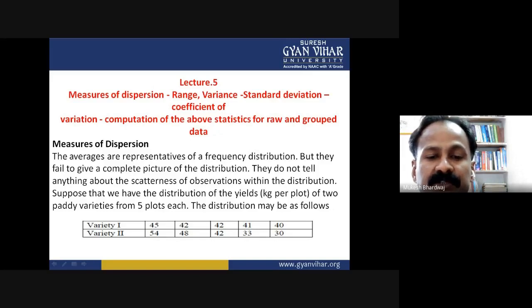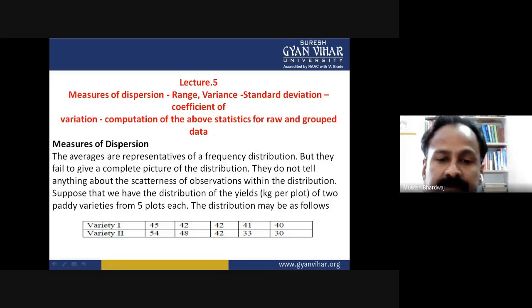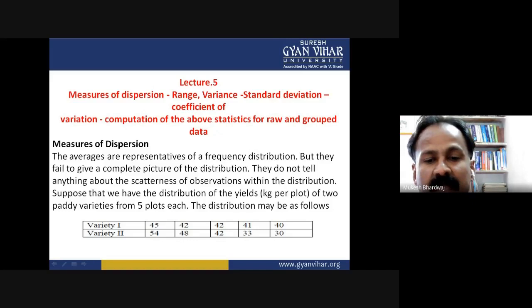Examples of dispersion measures include standard deviation, interquartile range, mean absolute difference, also known as Gini mean absolute difference, median absolute deviation, average absolute deviation, and distance standard deviation.